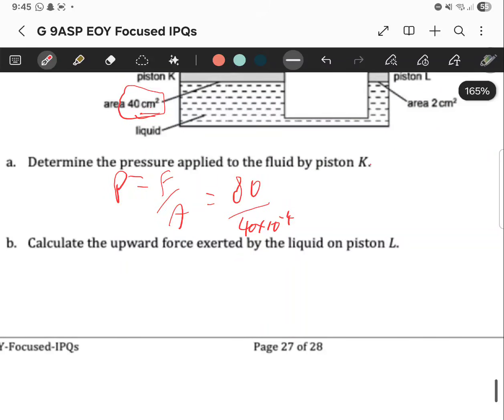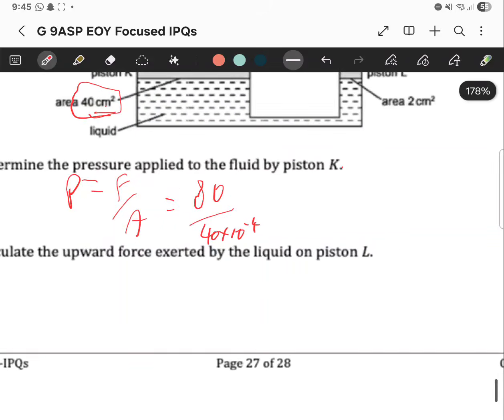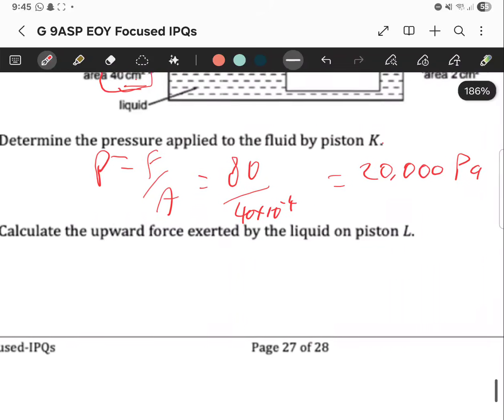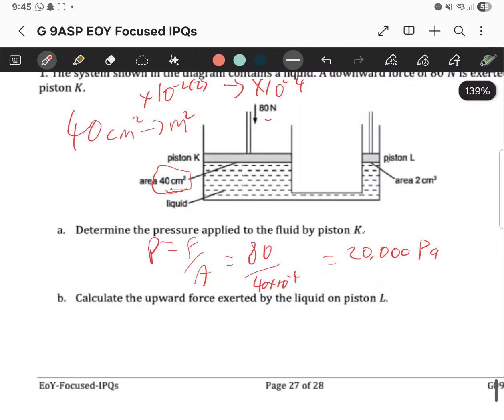Millimeter squared will be minus 6, and so on, and so on. But centimeter squared, minus 4. Meters squared, obviously, is fine. Putting that in your calculator, you'll get 20,000 pascals.